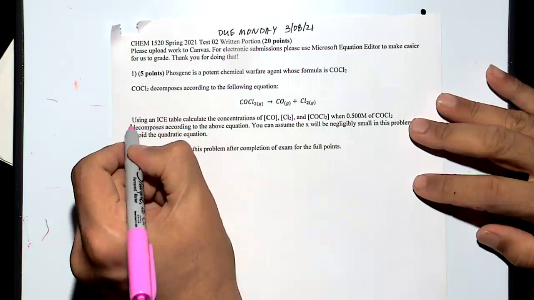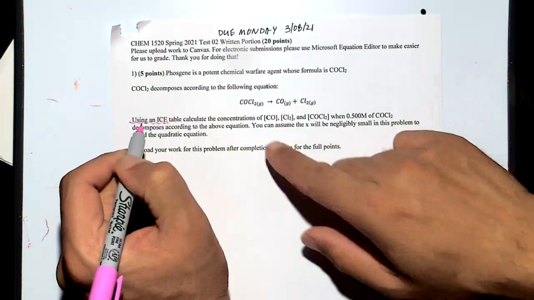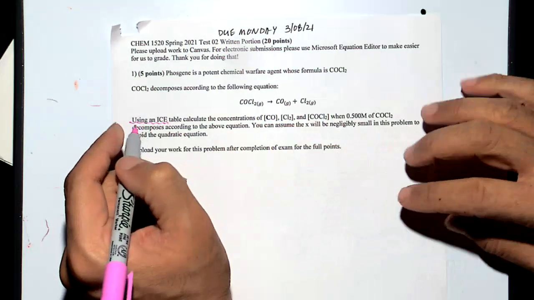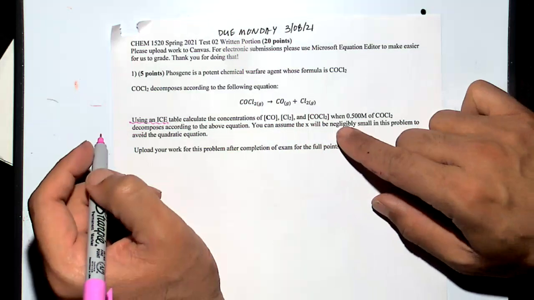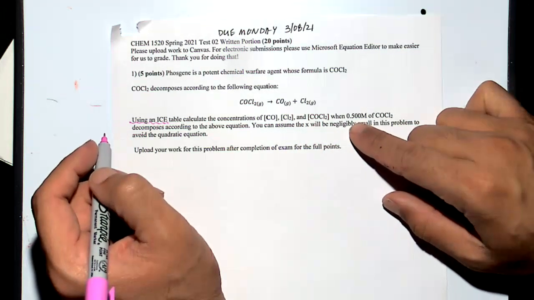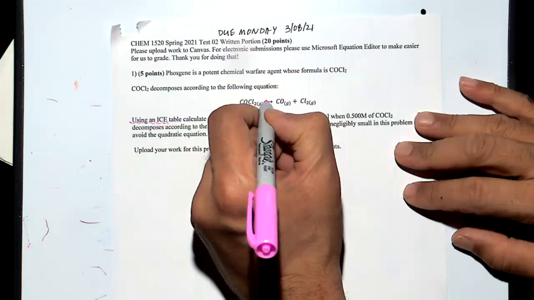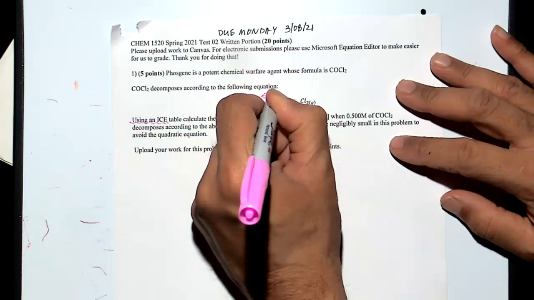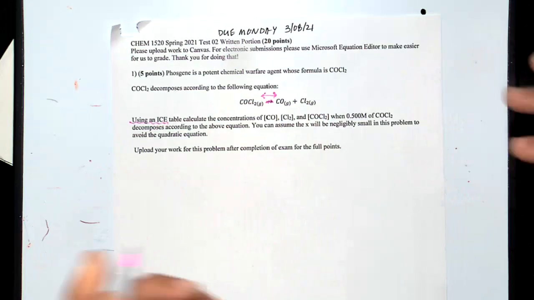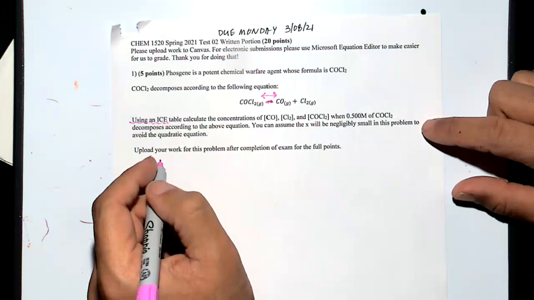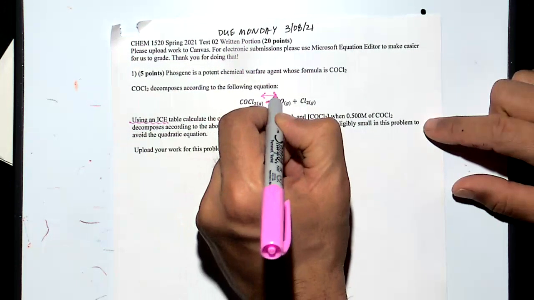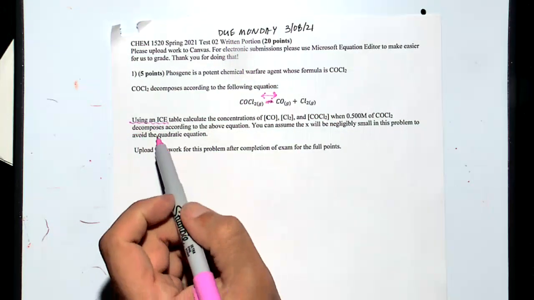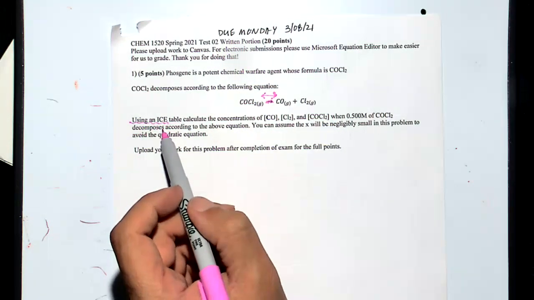It says here, use an ice table to calculate the concentration of CO, Cl2, COCl2 when initially you have 0.5 molar COCl2. By the way, I automatically see an error here, my arrows, so I'll probably change that. But this is at an equilibrium, and so we have to use an ice table for this problem.